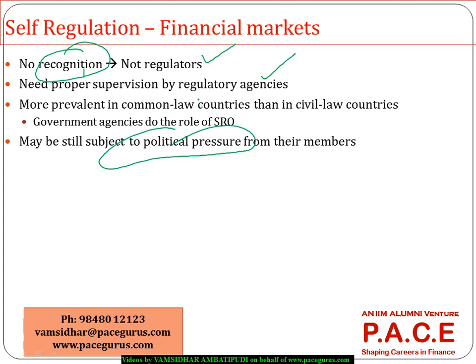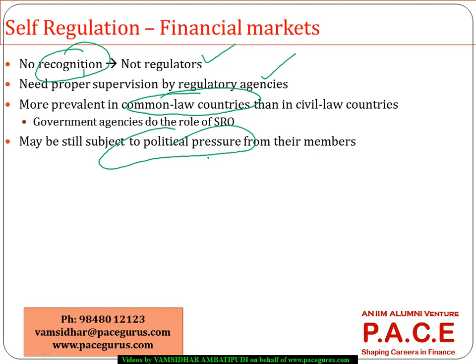And historically, it has also been seen that this kind of self-regulatory organizations are more prevalent in those countries where common law is very heavily used rather than a civil law. In countries like the UK and US, where common law is more in place, the independent self-regulatory organizations have been quite successful.